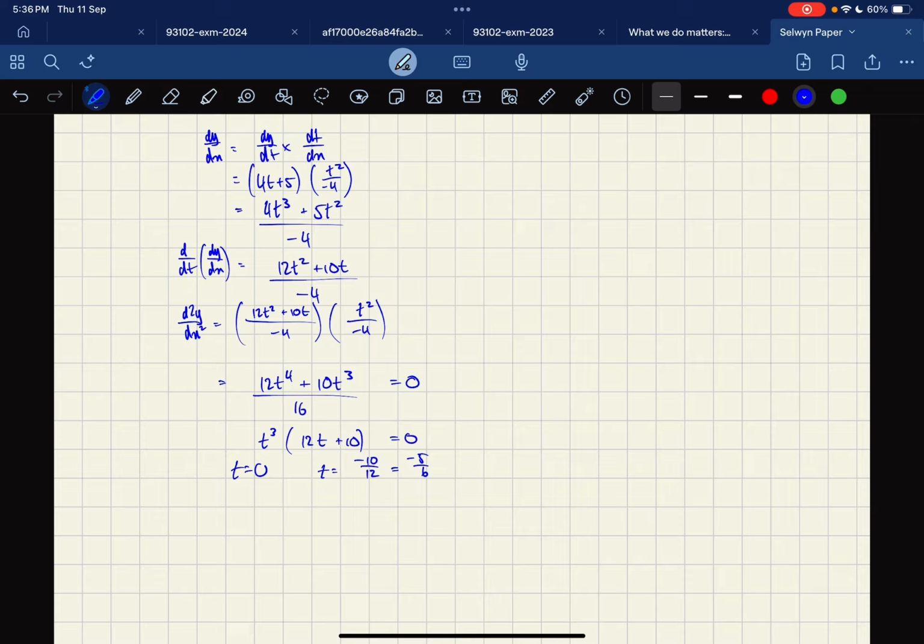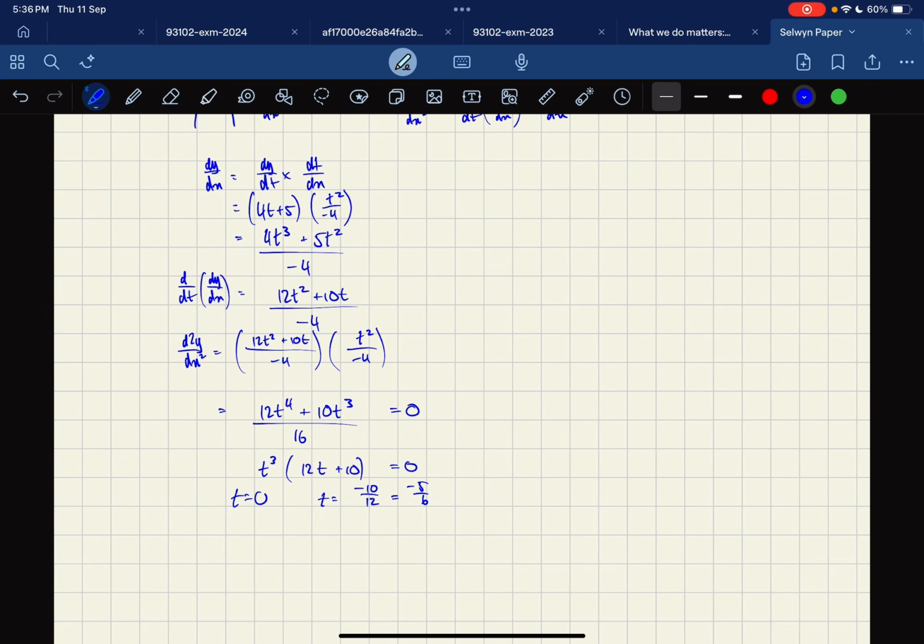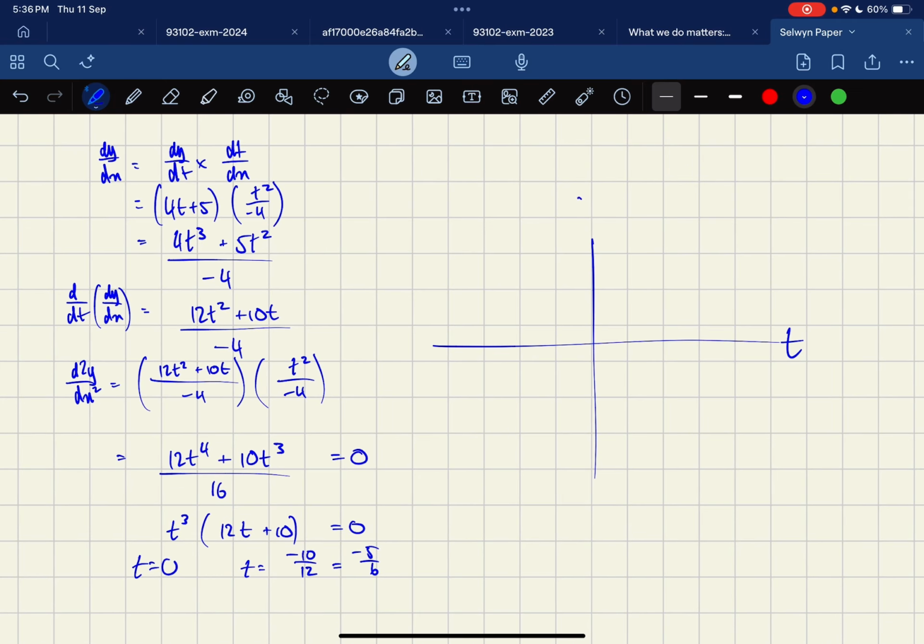Okay, so what does this function actually look like when you graph it? Well, it's a quartic, that's t, and this is the second derivative. And it intercepts at 0, and then negative 5 over 6. And it's a quartic, and specifically it's a positive quartic because the coefficient of t to the power 4 is positive.